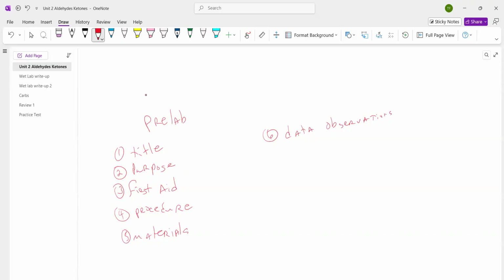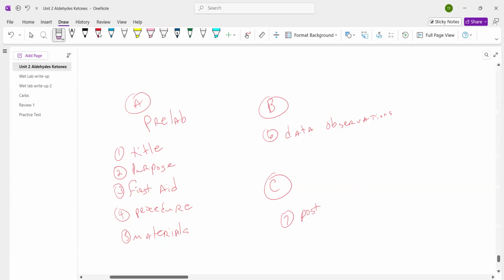And you're going to do the lab, and you're going to collect data, observations in this case. And then you're going to do post-lab questions and a conclusion.